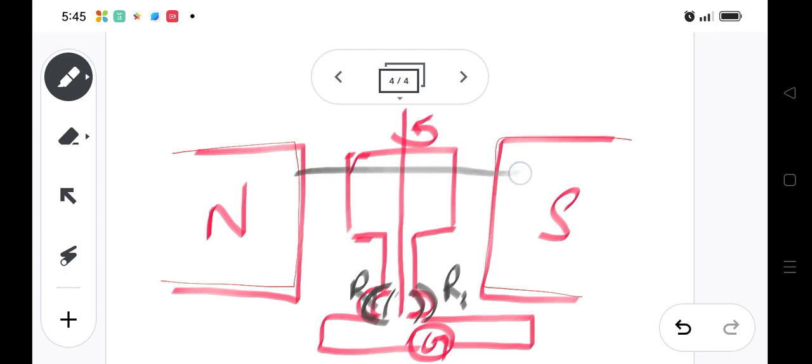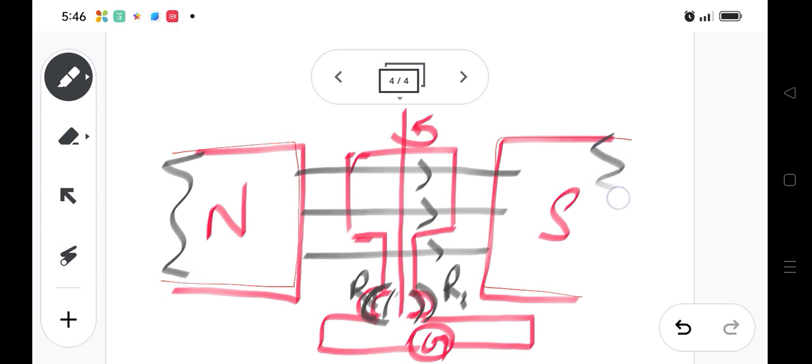We know there are magnetic field lines in between this north and south pole, fixed permanent magnets. So when we are rotating the armature in that space, what happens? When we rotate this armature, it's cutting those field lines.